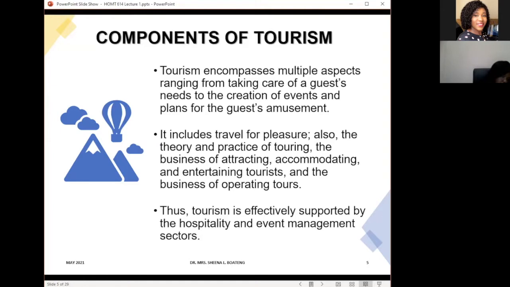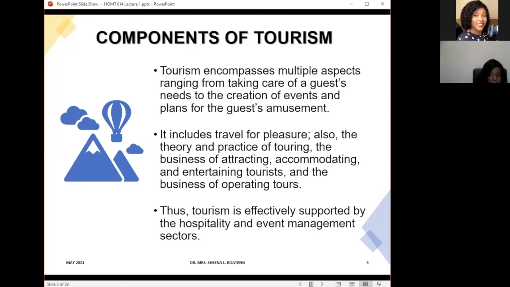And accommodation involves bed and food. And then it's also about entertaining, which is sometimes handled by the events managers who design the events, or some of these accommodating institutions like the hotels, who organize their own independent events to ensure that their people are entertained.